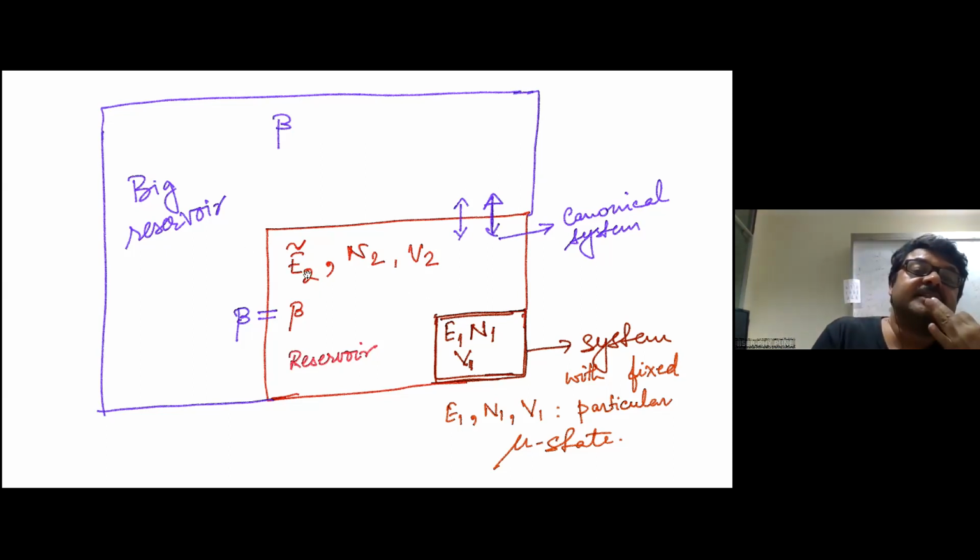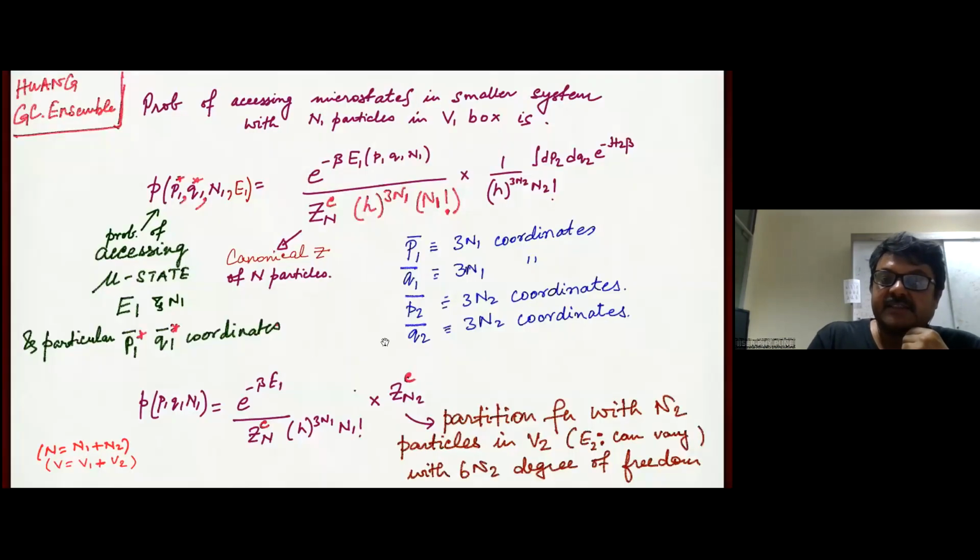So this is the system with a fixed number of particles, with fixed energy E1, N1, V1, a particular microstate, and that is in contact with a reservoir whose partition function we are calculating here.